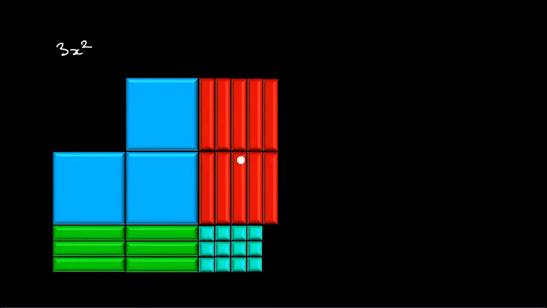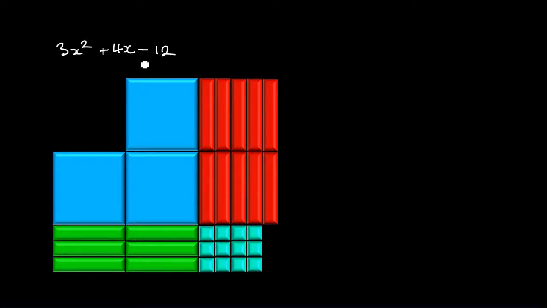And we've got a load of tiles here that are trying to make altogether 4x. Okay, so I tried different variations on this, but all the time I have to make them add to 4x. So that's my sum. And my final term is negative 12.